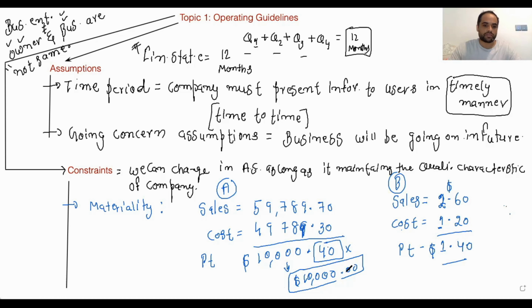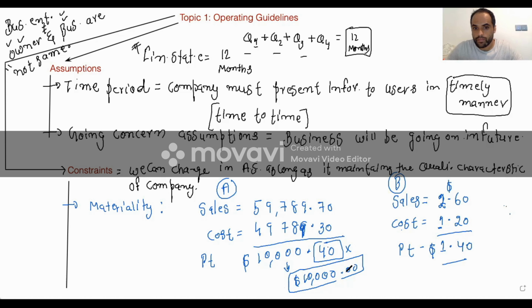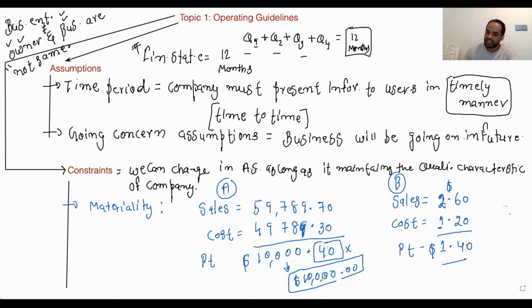They lose their investment, they make a wrong decision about investment, and so on. No, of course not. If the company writes 10,000 instead of 10,000 and 40 cents, do you think this is unfair?